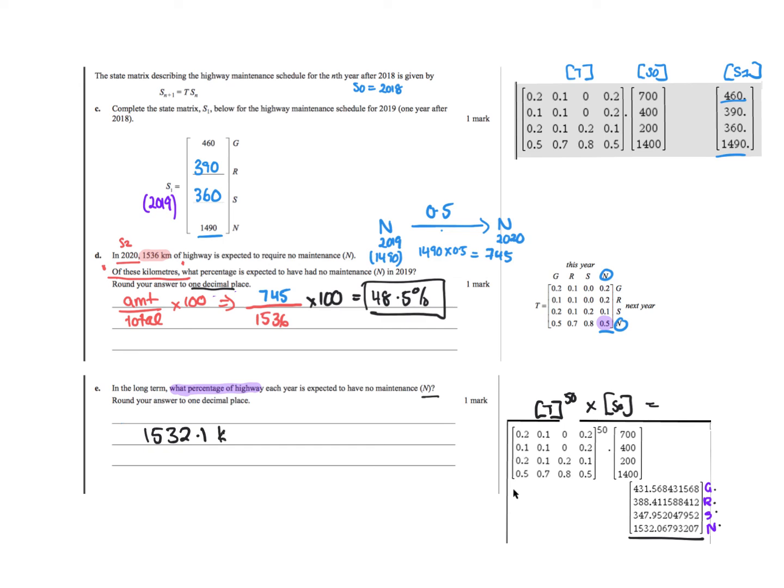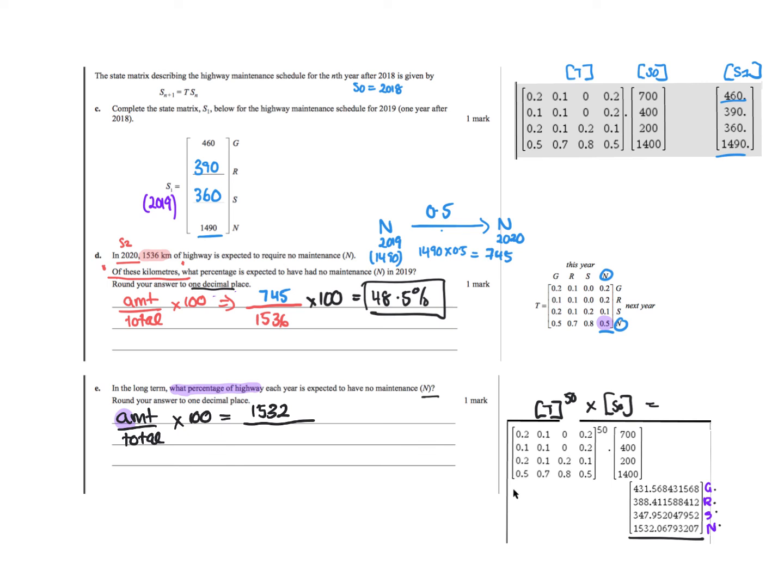Oh, actually, sorry, I've been called out here. It actually says what percentage. So remember, I should have taken my own advice, percentage is the amount over total times 100. So in the long term, the amount that's going to have no maintenance is 1532.